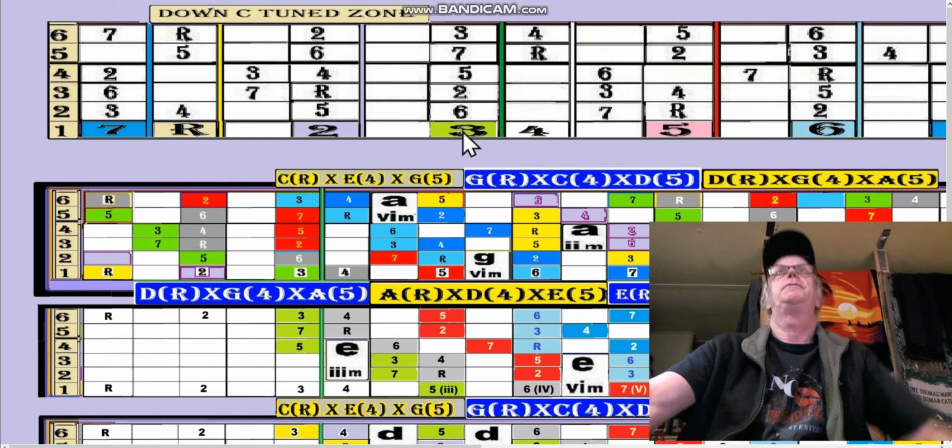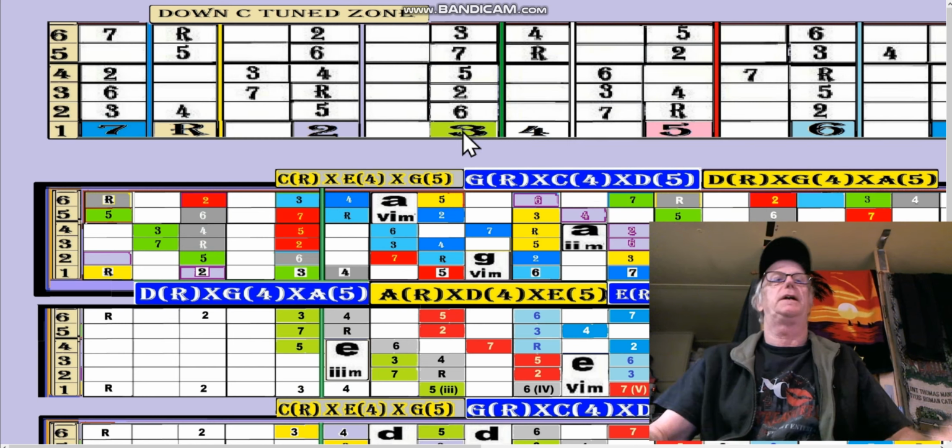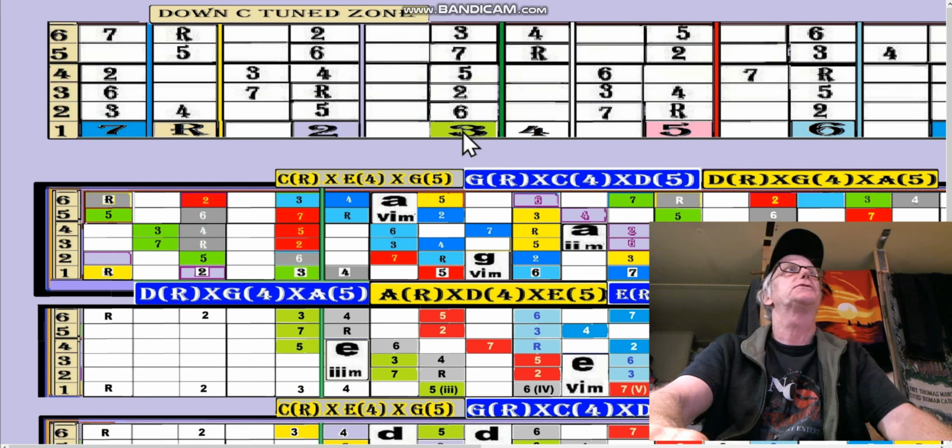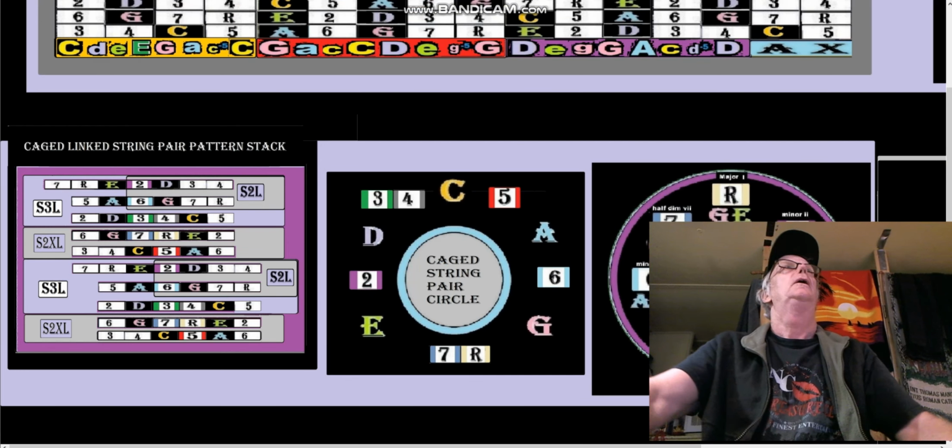So instead of moving the numbers, we're moving the fret nut. That's all. If it's too much for you, we'll just get back to the regular topic of the lesson.